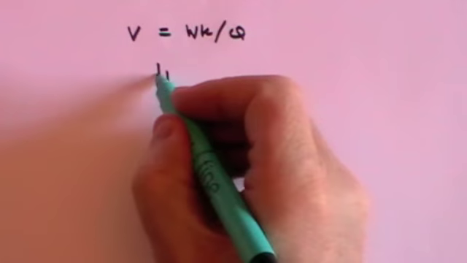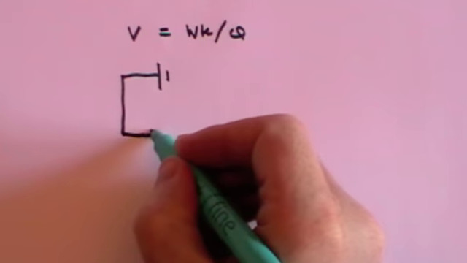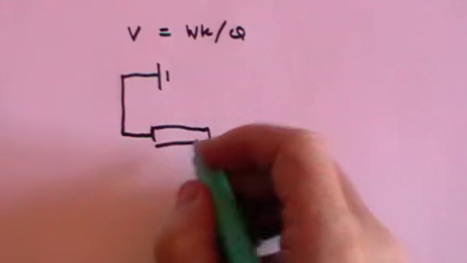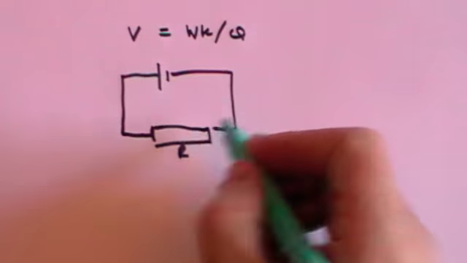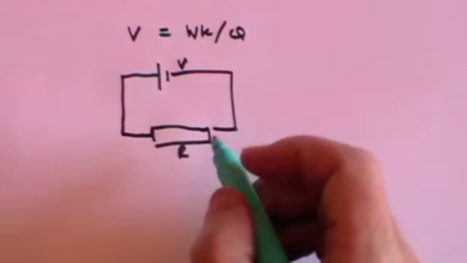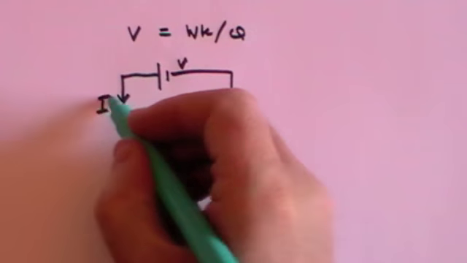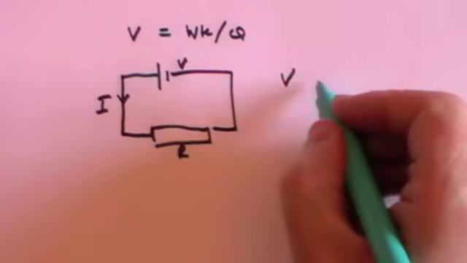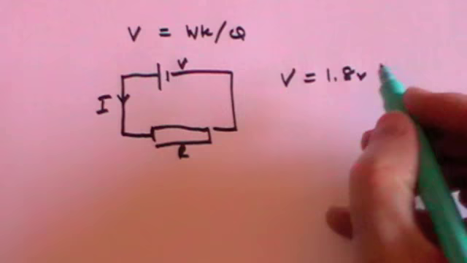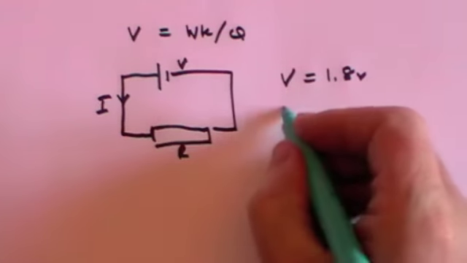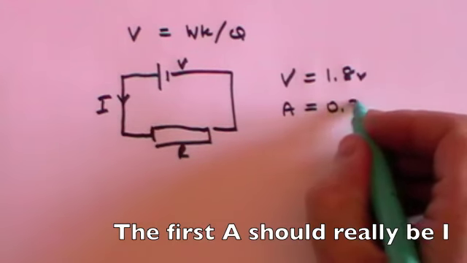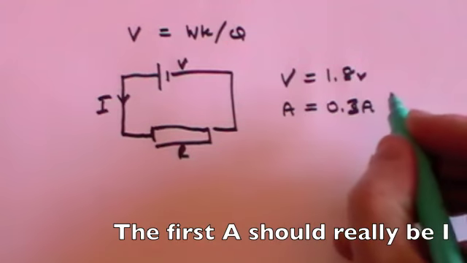So those are the 3 key equations that I'm now going to use in a test question. So once again, I'm going to draw what should now become a familiar diagram: a battery, a resistance. The battery has a voltage V. There will be a current flowing. I can tell you that the voltage is 1.8 volts, and I can tell you that the current that flows is 0.3 amps.